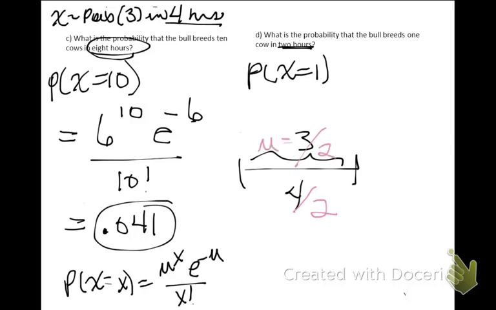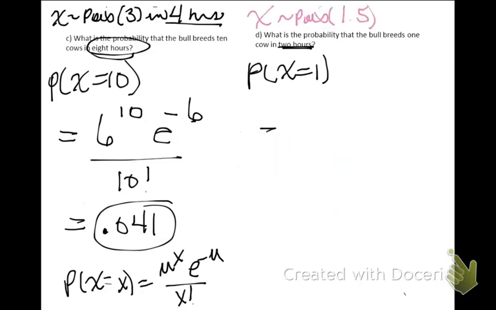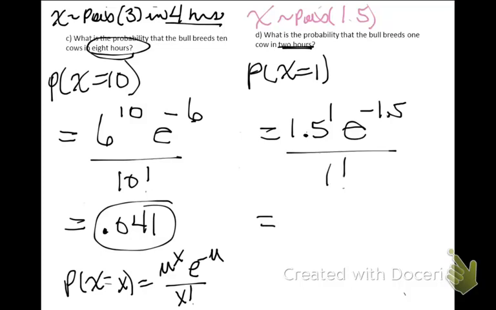So we can now say our new average is 3 over 2, or 1.5. This is now a Poisson distribution with an average of 1.5. This is mu 1.5 to the x power, e to the negative mu, divided by x factorial. This gives back 0.335.